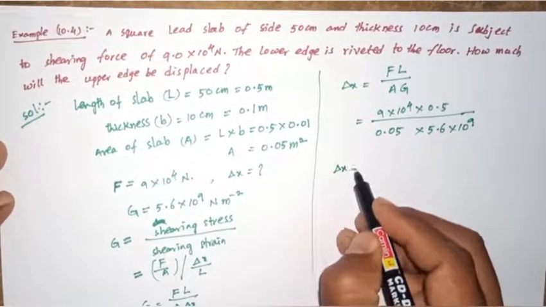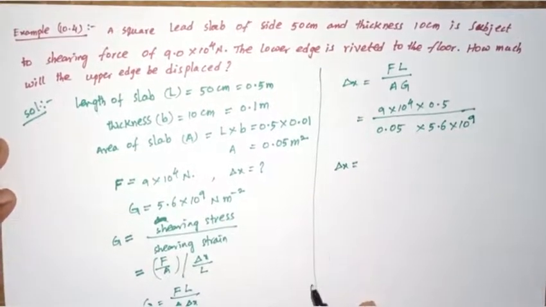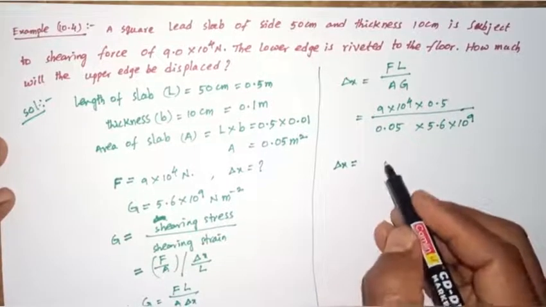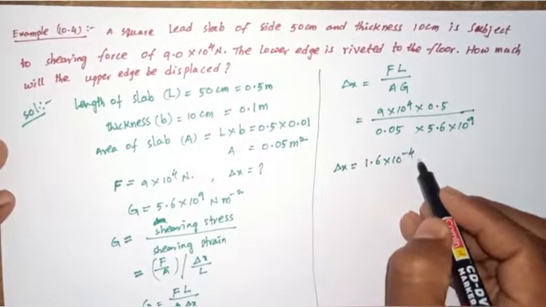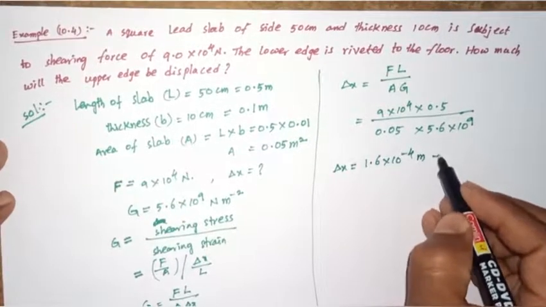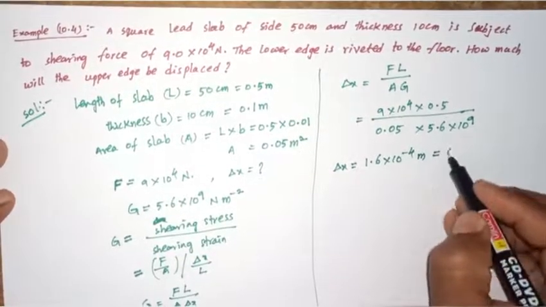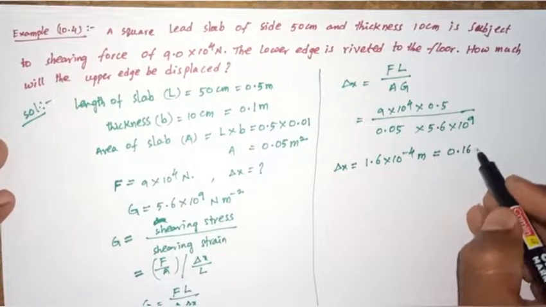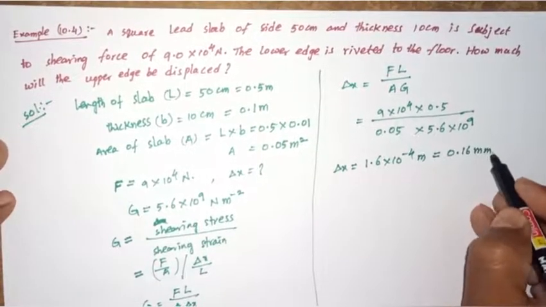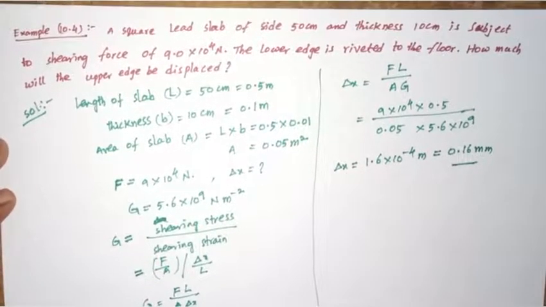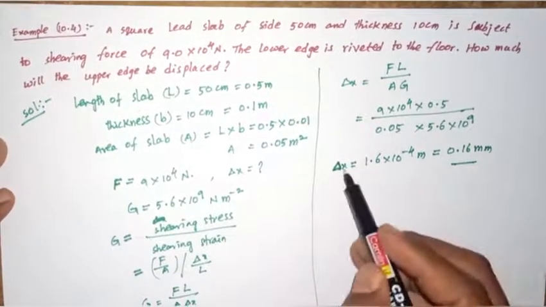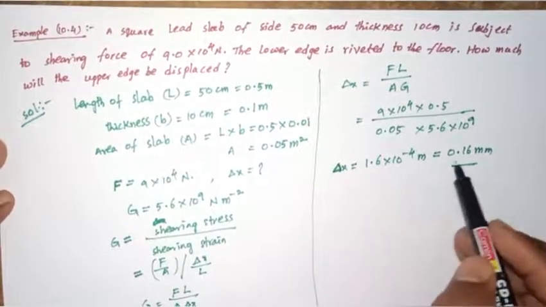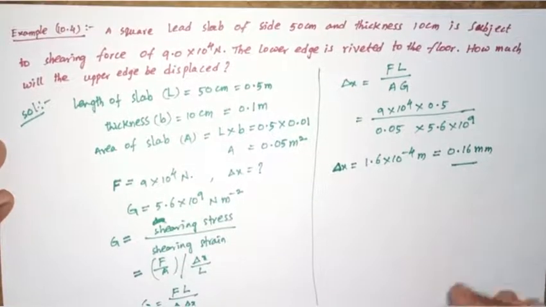Calculating with a calculator, this value will be 1.6 into 10 to the power of minus 4 meters, which is also written as 0.16 millimeter. So delta x equals 0.16 millimeter.